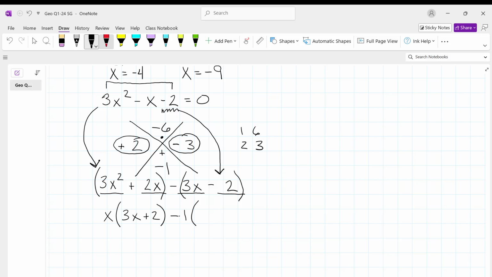So -1 into 3x goes 3x, or 1 into 3x, I'm sorry, goes 3x. And 1 into 2 goes 2. So our factors are x minus 1 times 3x plus 2. All of this is still equal to 0.